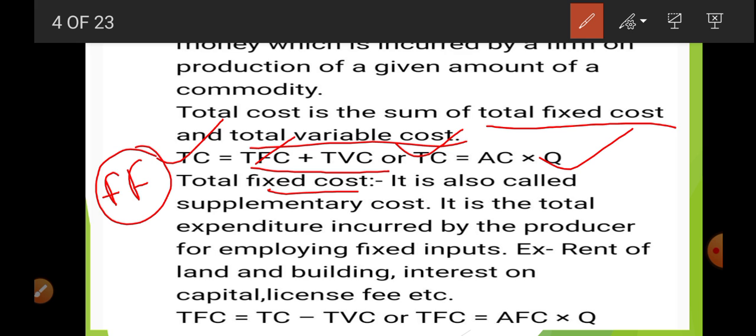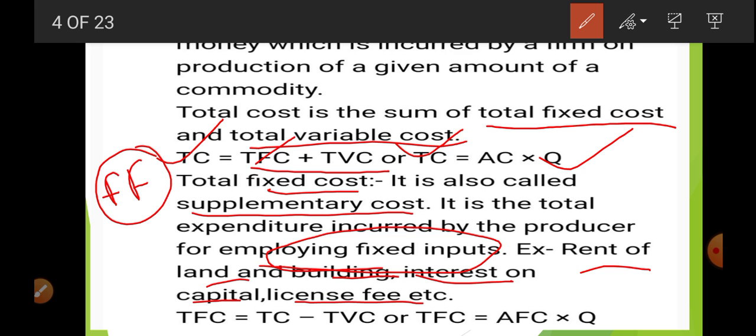It is also known as supplementary cost. It is the total expenditure incurred by the producer for employing fixed input, like rent of land, building, interest on capital, license fees. These are examples of total fixed cost.